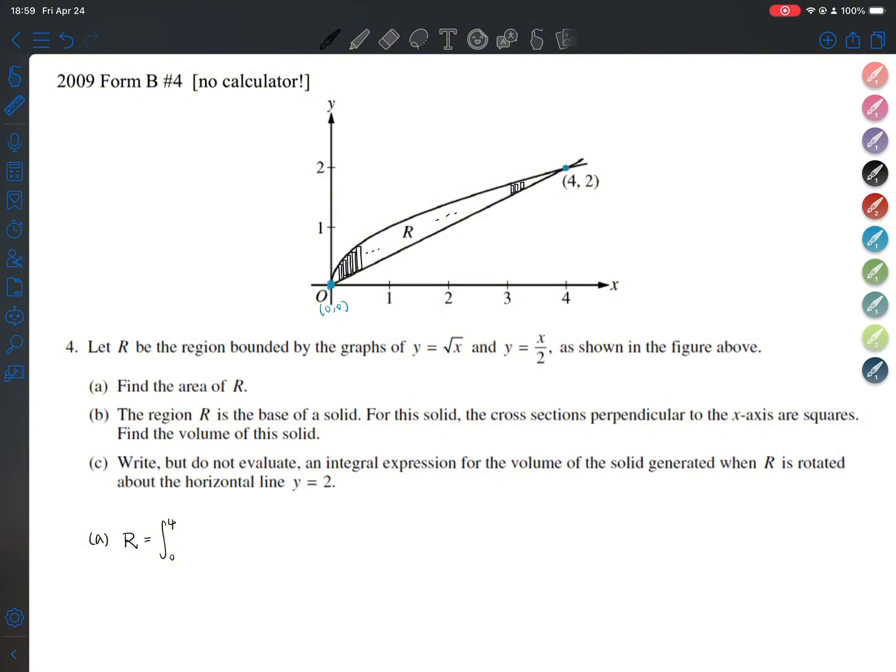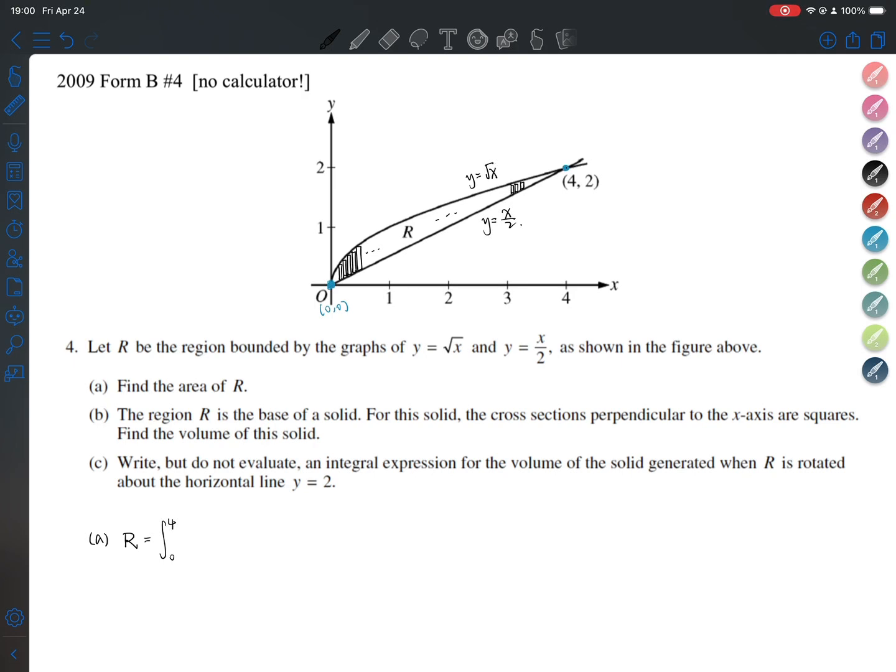Now we also need the height and the width of the rectangles. So in order to find the height of the rectangles, we just use the top curve minus the lower line. Then we will get the height for every single point. And we can see the bottom line is y equals x over 2, and the upper curve is y equals square root of x.